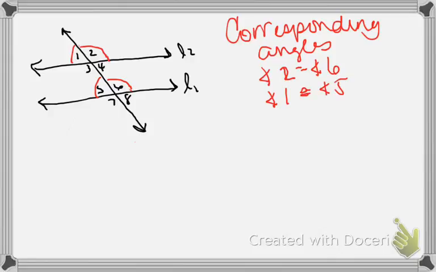They're the same thing. Do you see another one? How about 4 and 8? Angles 4 and 8 are corresponding, and 3 and 7 are corresponding. So those are all the corresponding angles. It's kind of like the rule here.